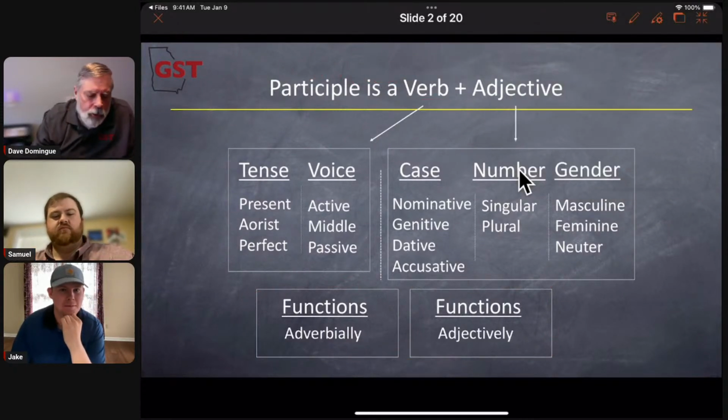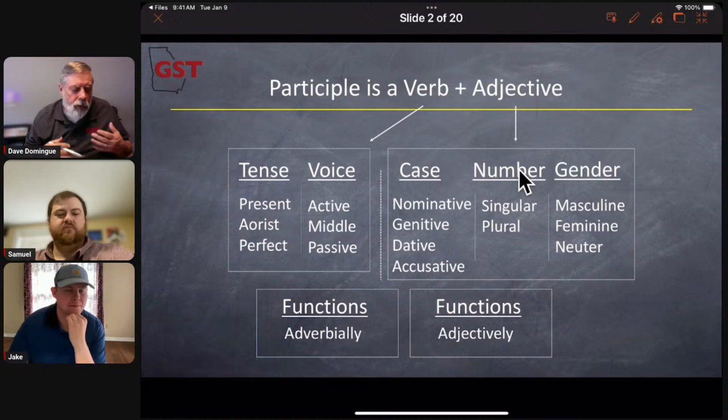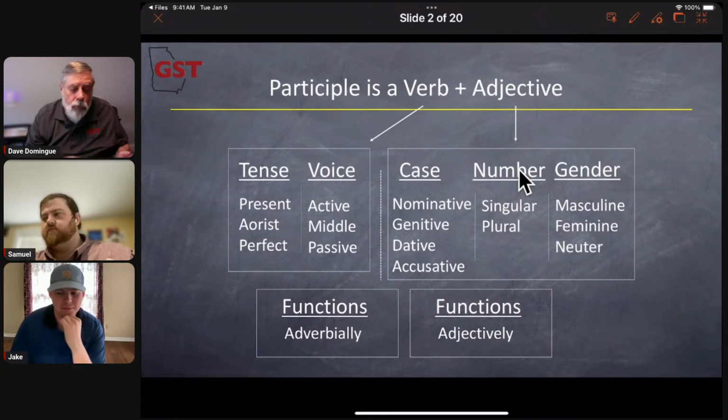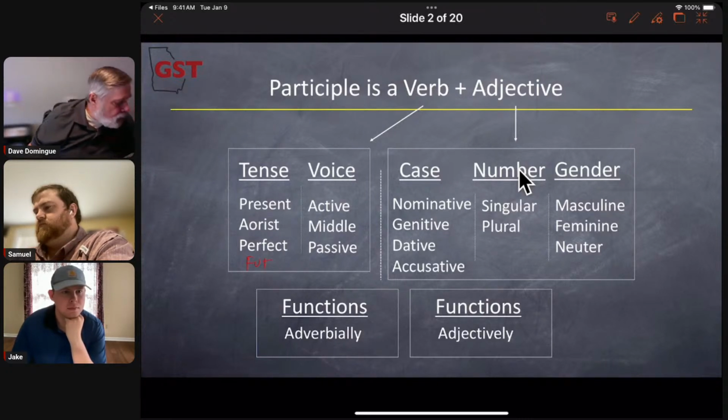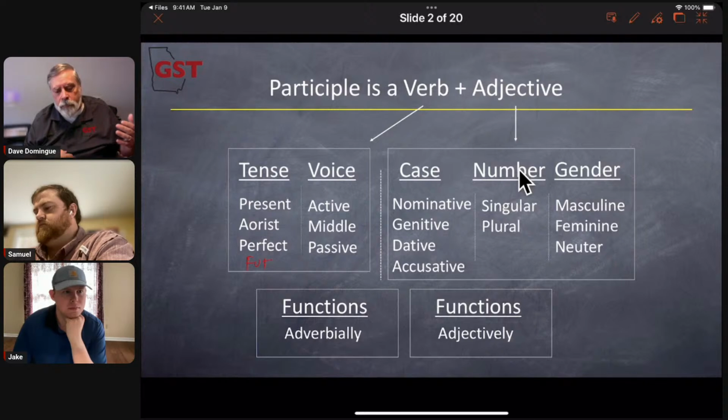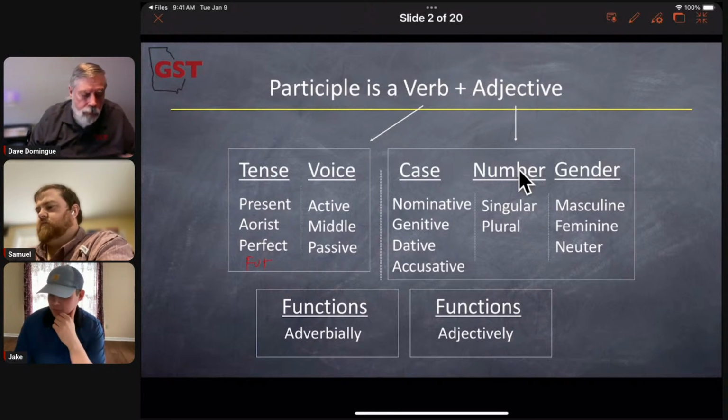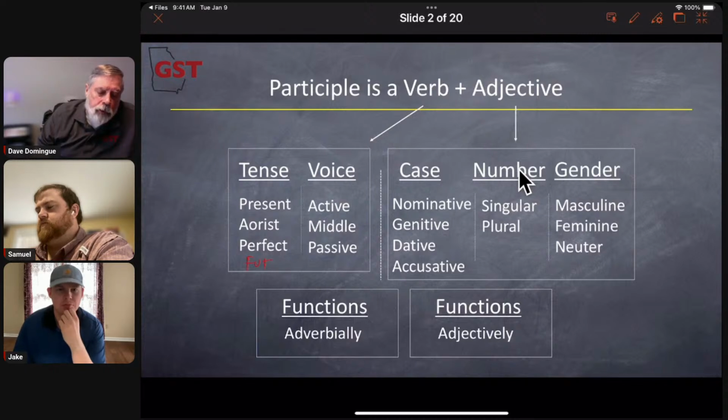So briefly, we're talking about how a participle has a verbal and adjectival function. In the verbal function, we're going to see tense: present, aorist, and perfect. There's also future, and on pages 326 and 327 of the book there's a list of 12 or 13, depending on perspective, of future tense participles.